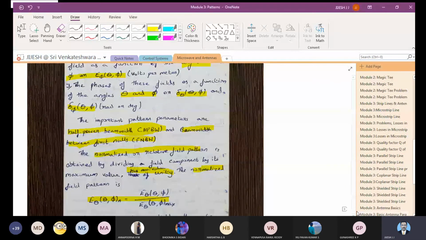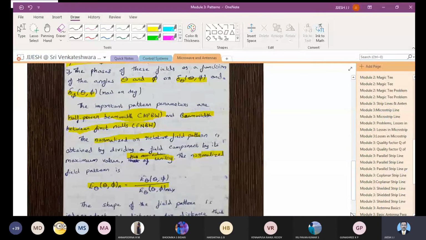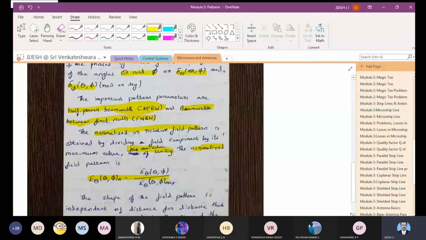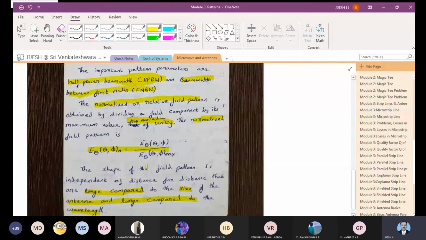And the shape of the field pattern is independent of the distance, for distances that are large compared to the size of the antenna and large compared to the wavelength. So this is one more thing. The shape of the field pattern is independent of distance for large distances compared to the size of the antenna.